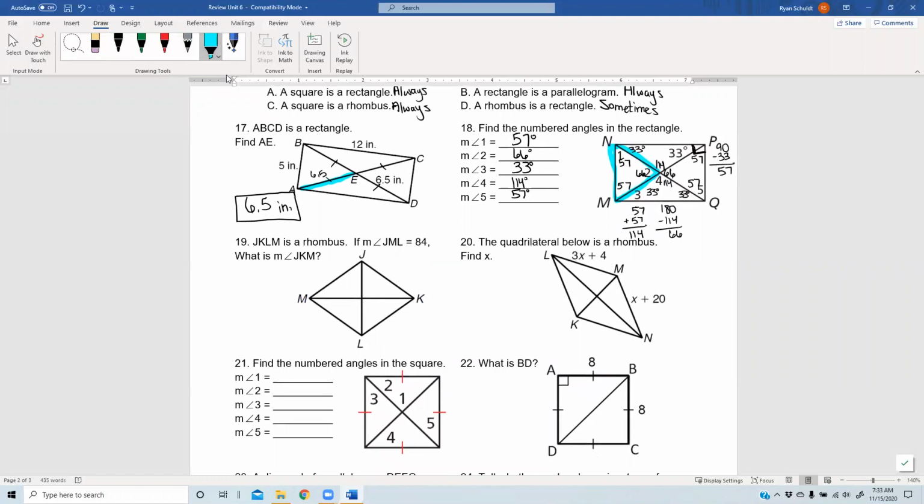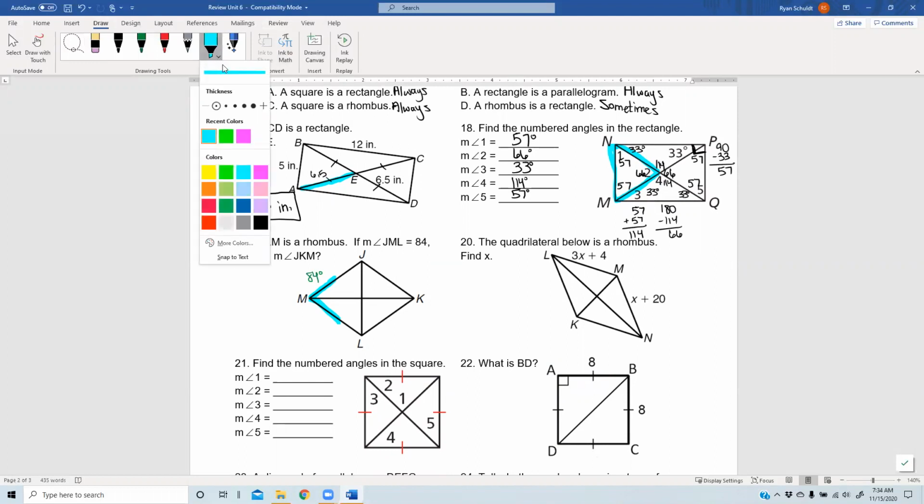Number 19. They tell us that the measure JML, so that's this whole angle right here, JML is 84 degrees. Find JKM.